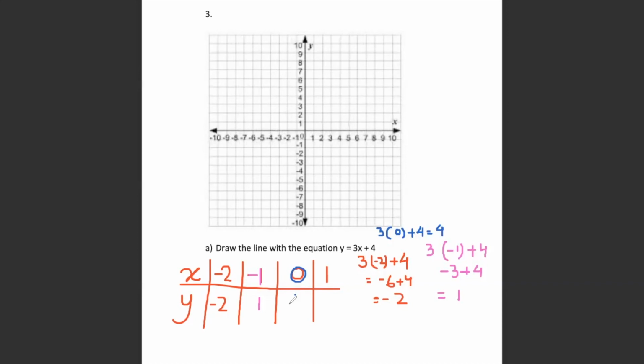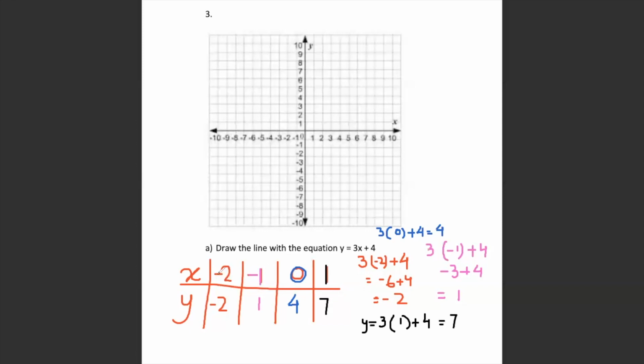So y is just 4 there. And finally, for x equals 1, we'll have y as 3 times 1 plus 4. So that's 3 plus 4, which is just a 7.